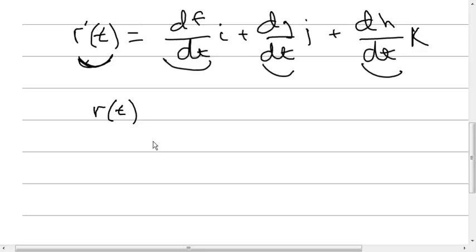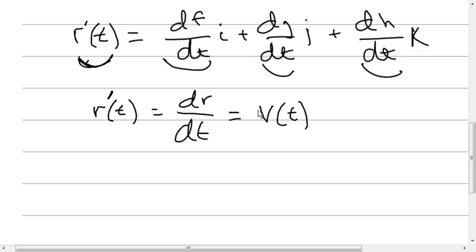If we were to take the derivative of this, the derivative of position, okay, this obviously is going to be dr dt, but it's also going to be equal to velocity at time t. This velocity, though, is a velocity vector. This is a vector, this is a vector.